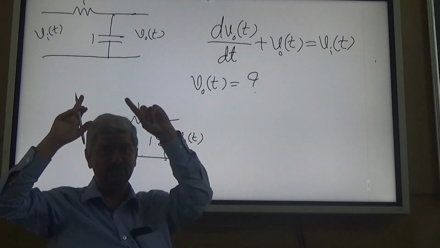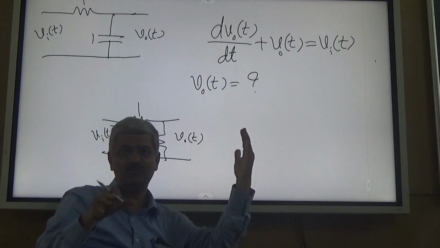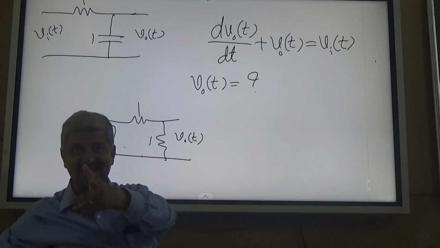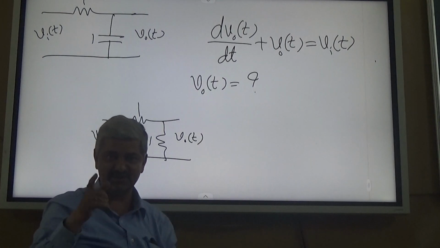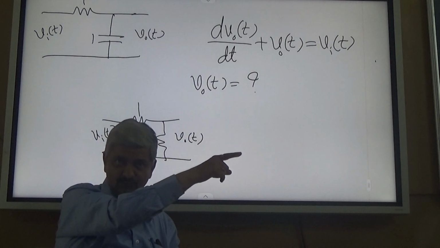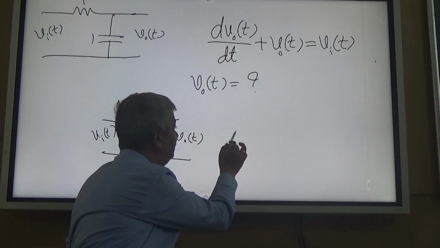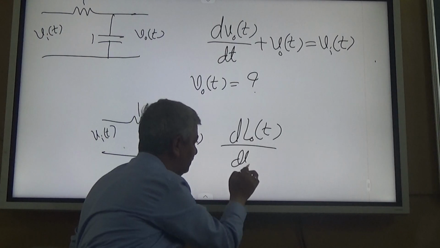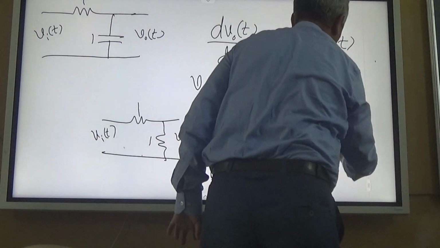You look at the water level problem. Tank valve opening and tank cross sectional area is adjusted such that the RC is 1. So the differential equation is, out, that is level. What is the differential equation? d LOT upon dt plus LOT is equal to LIN T.